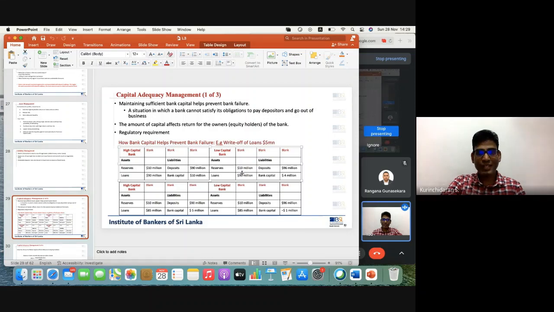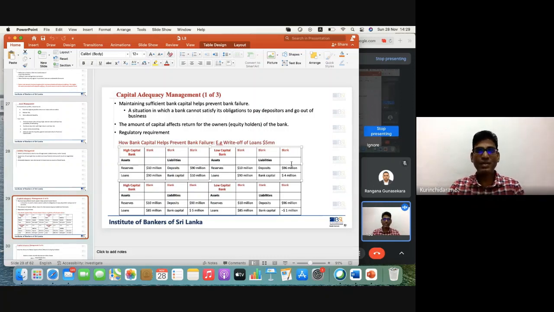Loans 90 million, that is equal. But here if you see, the deposits are 96 million and bank capital is only 4 million, right? Both are maintaining reserves of 10 million, because if you assume a 10% requirement, both are satisfied. There's no violation, no breaches.